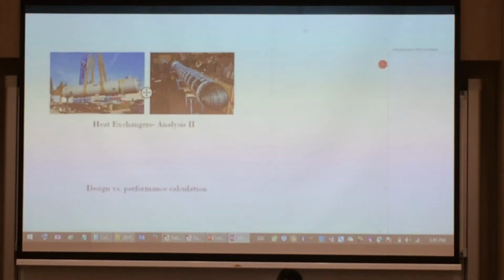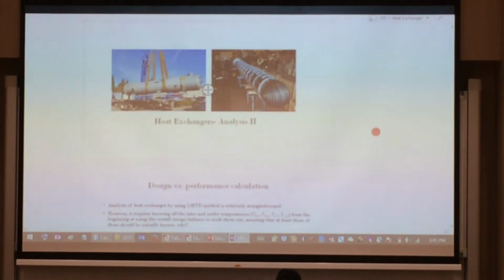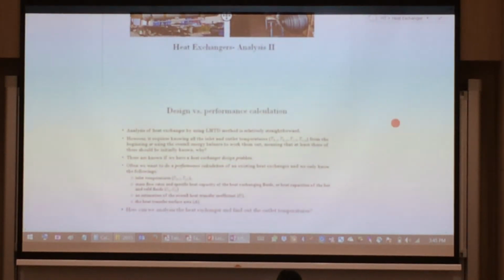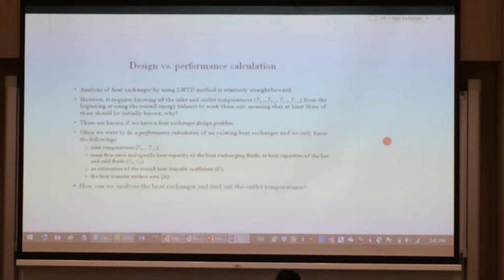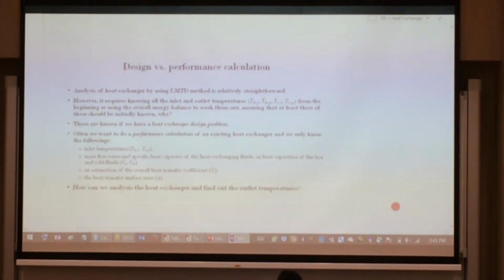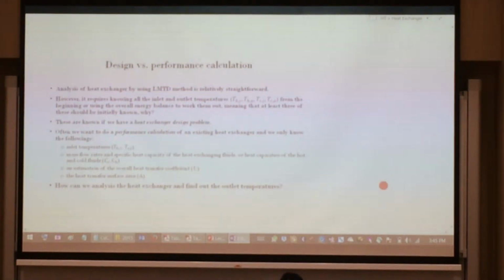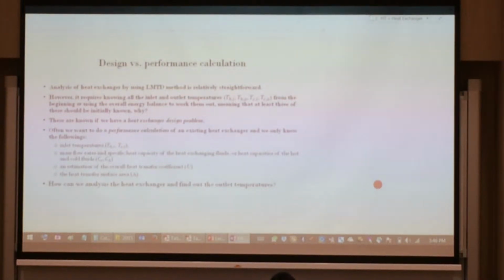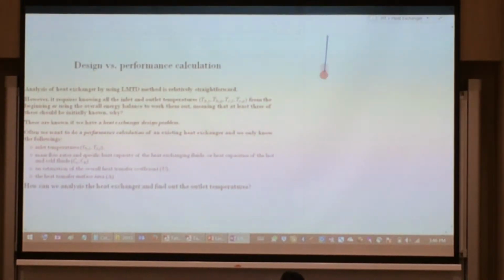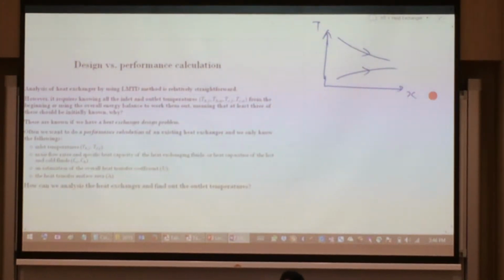So this next topic is actually the last one in heat exchanger. It talks about something very interesting. Now, if I were to take the example of a parallel flow, and you know a parallel flow is going to look like this, T versus X. X is the length of your heat exchanger, T is the temperature.